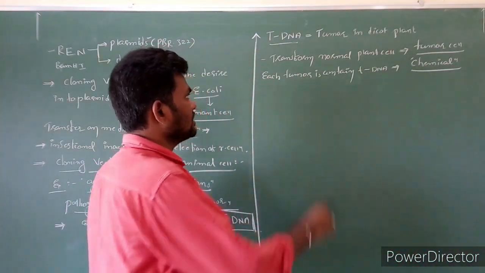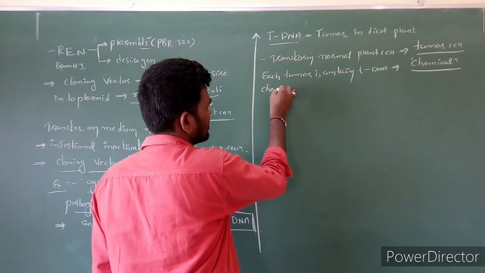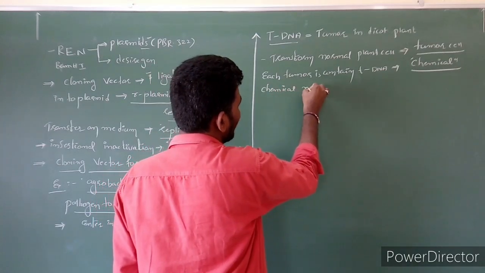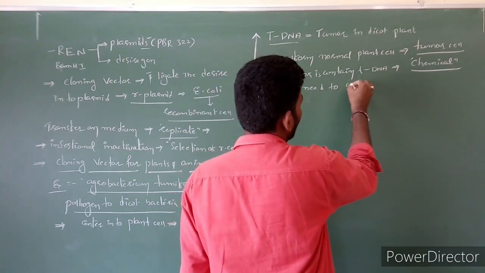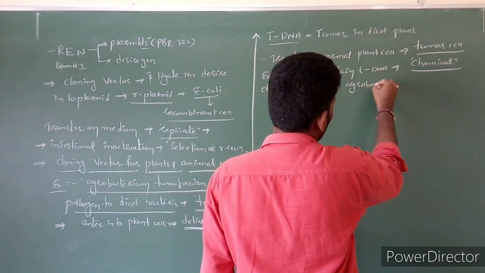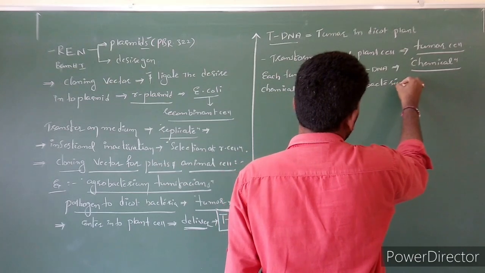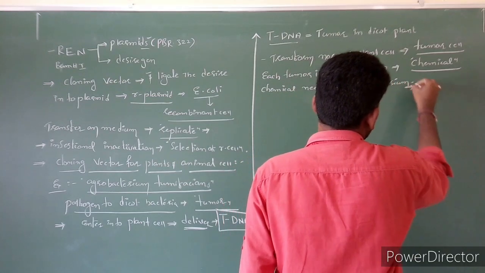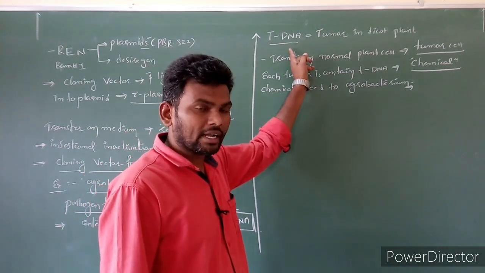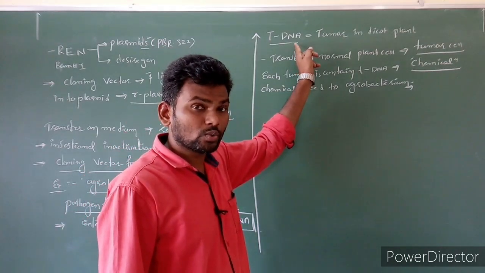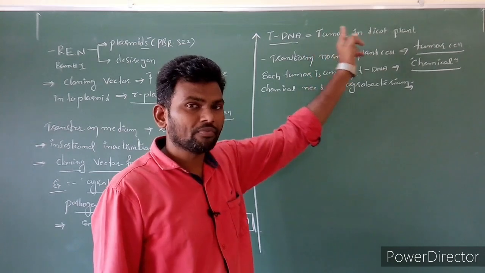So these chemicals are actually needed by Agrobacterium. Clear? Here what you have to notice, these bacteria have the capacity to transform the normal cells into tumor cells.